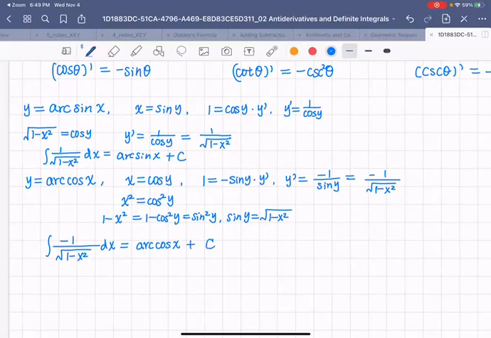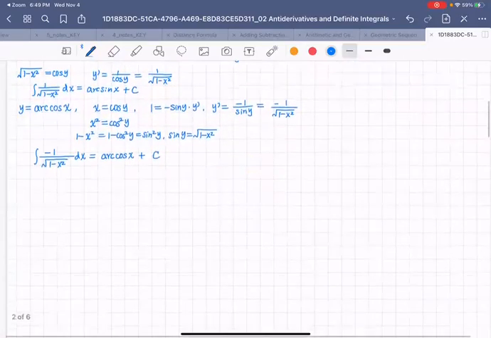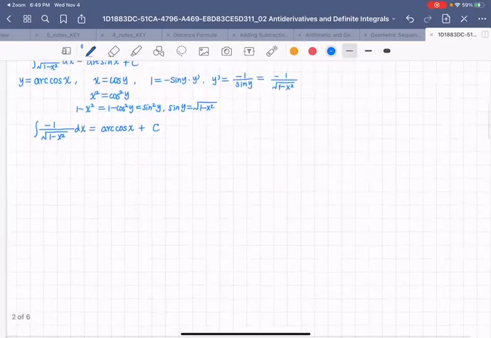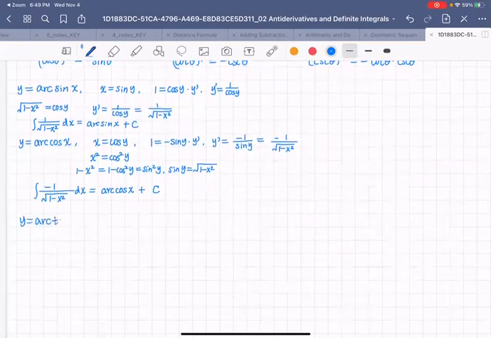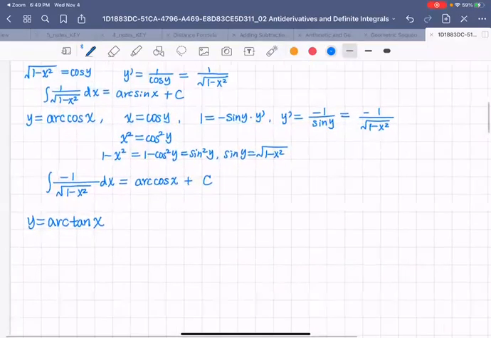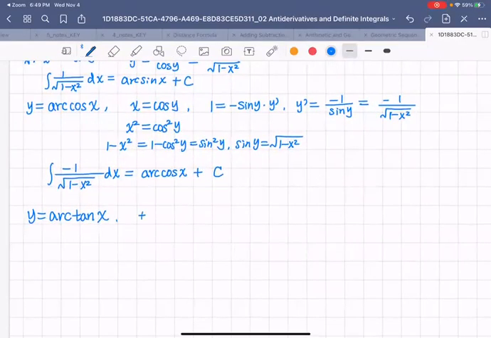That makes sense? Okay, now let's do the next one. We have y equals arc tangent x. We do tangent y equals x. Let's do the derivative for both sides.